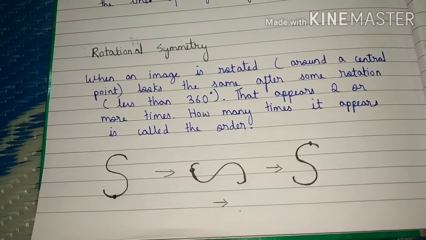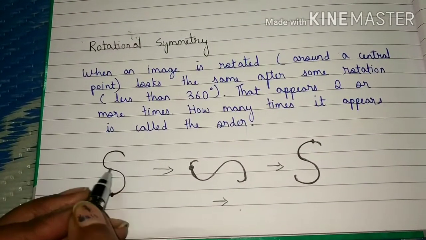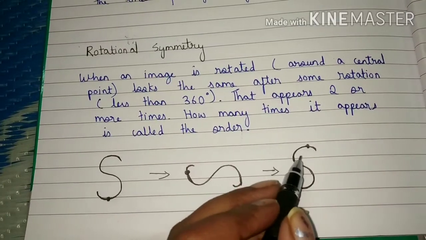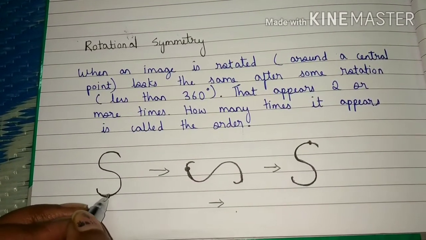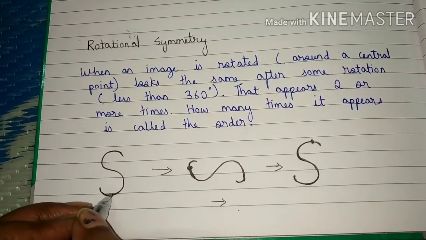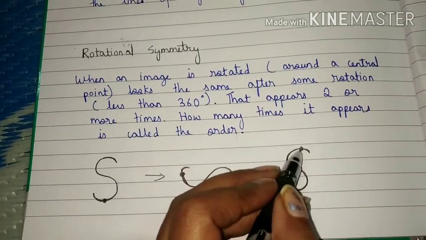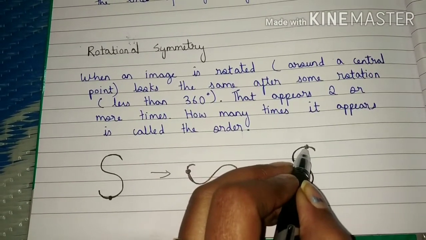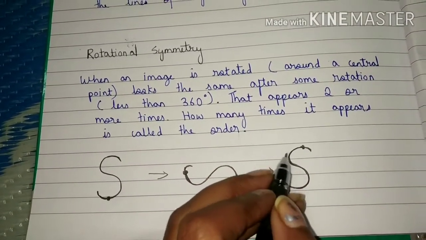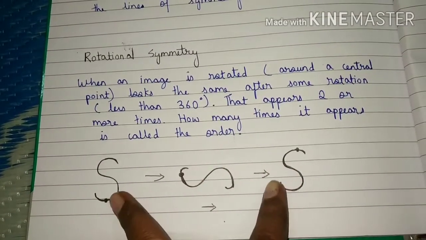Students, you can see that here I have not rotated the figure of S completely, because here the dot is downside and here the dot is upside. So students, it means that we have not rotated the figure of S completely.